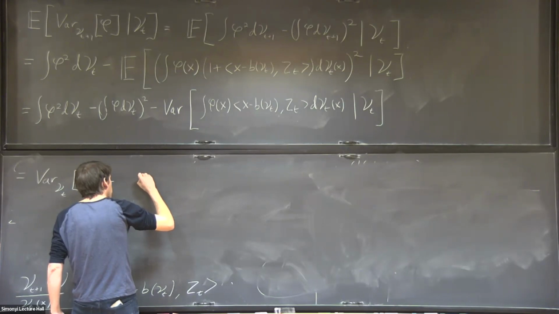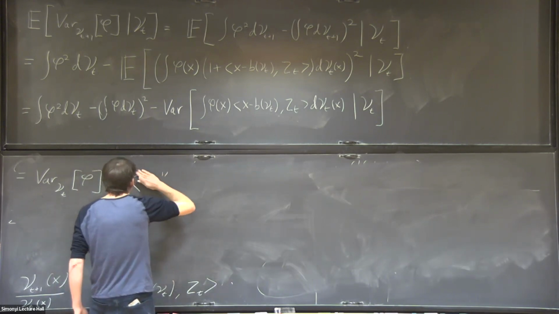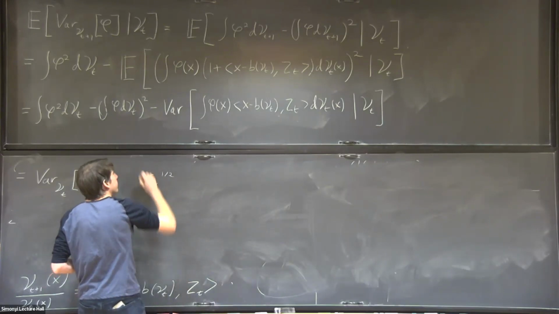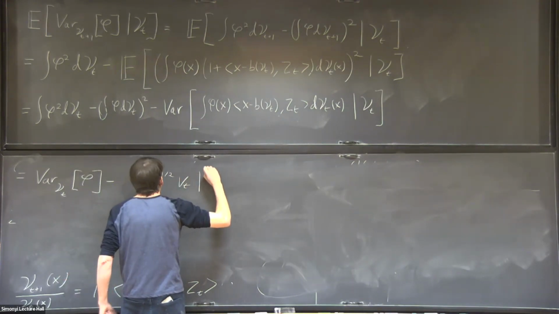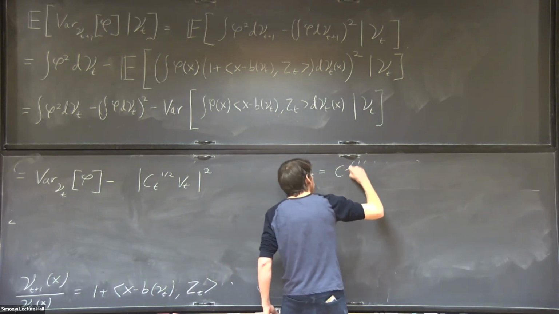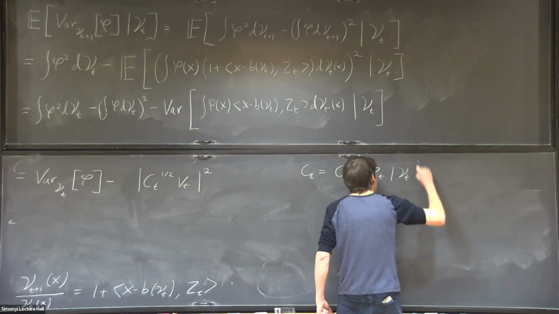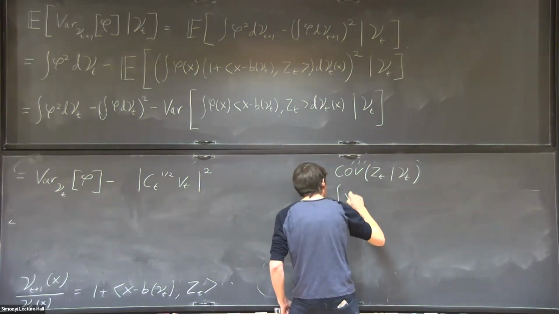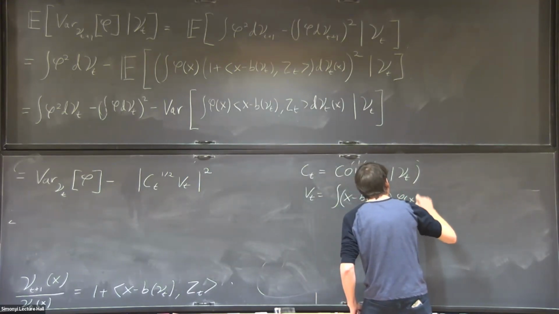It's going to be equal to minus 1/2 ct vt squared, where ct is the covariance matrix of zt given nu t, and vt is the integral of x minus b nu t, phi x d nu t.